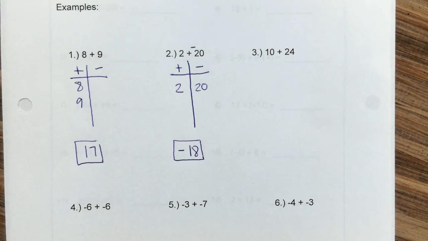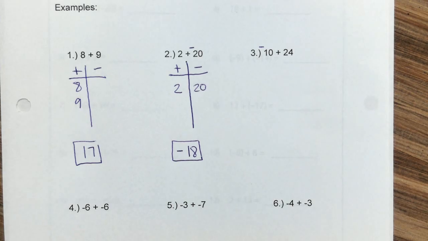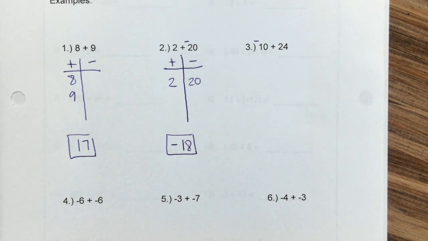Okay, on example 3, let's put a negative with the 10. Y'all want to try this one on your own? All right, do it with my T-chart.